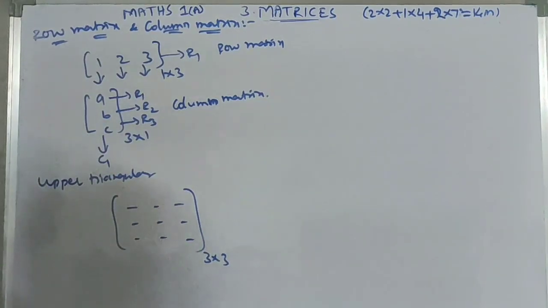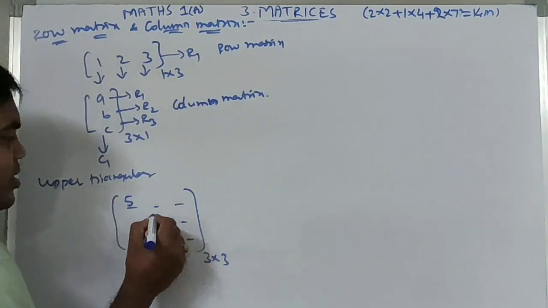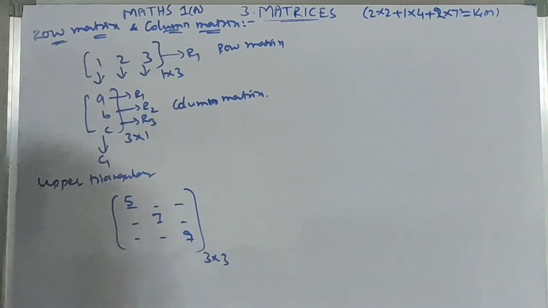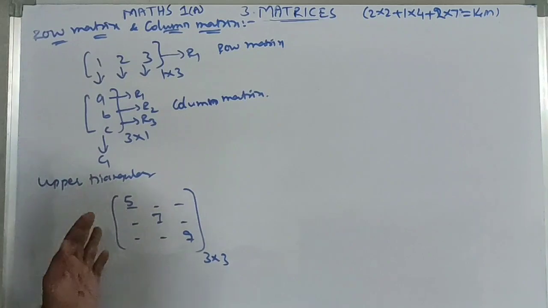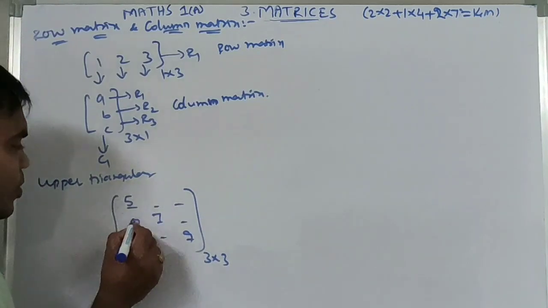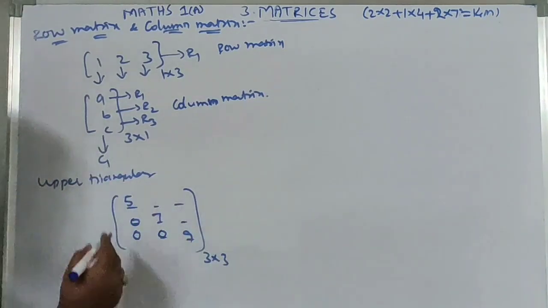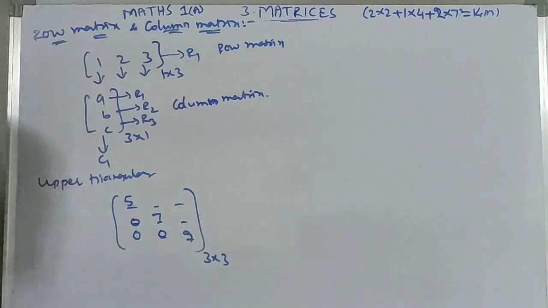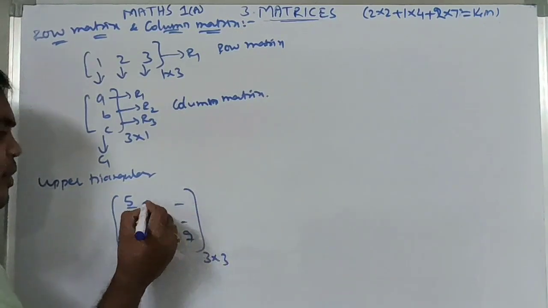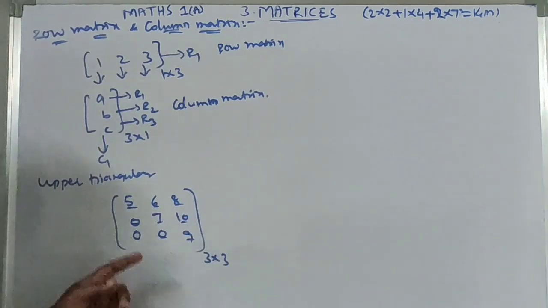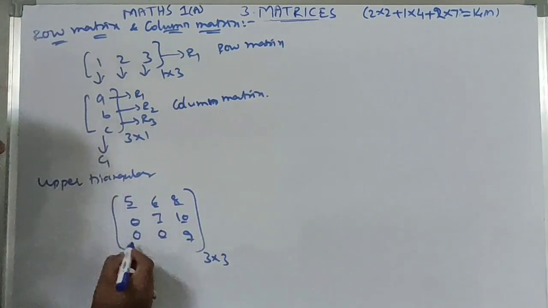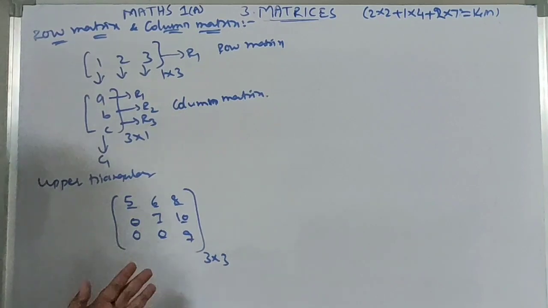I want to take diagonal elements 5, 7, 9 for example. Below the diagonal, all the elements are equal to 0, then it is called upper triangular. The remaining elements: 6, 8, 10. So I am taking like this.